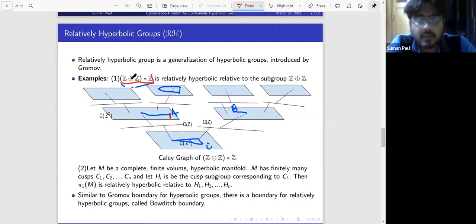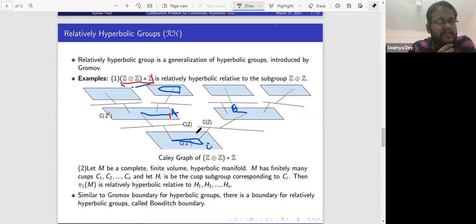So now if I take any 3 points, consider the Cayley graph. How exactly is this Cayley graph constructed? Right.